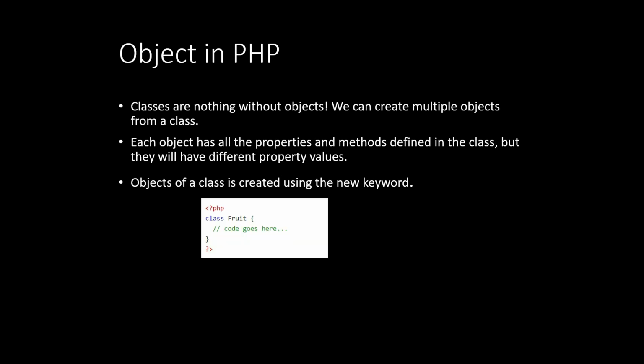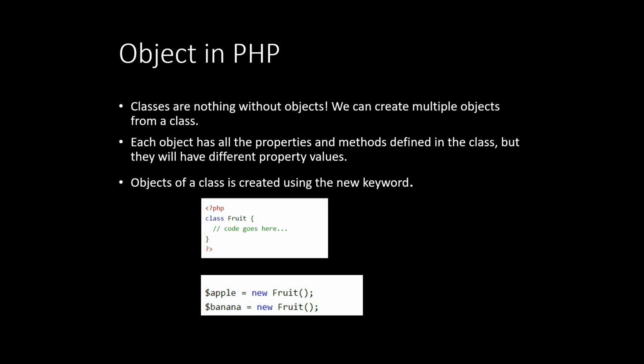For example, we have a class fruit, and now we want to create an object of the class fruit, so the new keyword is used. Here we create an object named apple of the class fruit, and an object named banana of the class fruit. So here we create two objects of the class fruit with the new keyword.